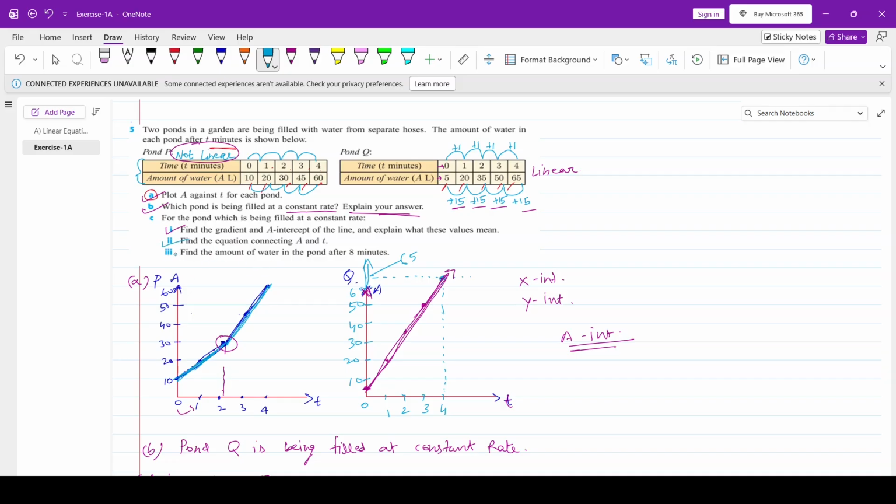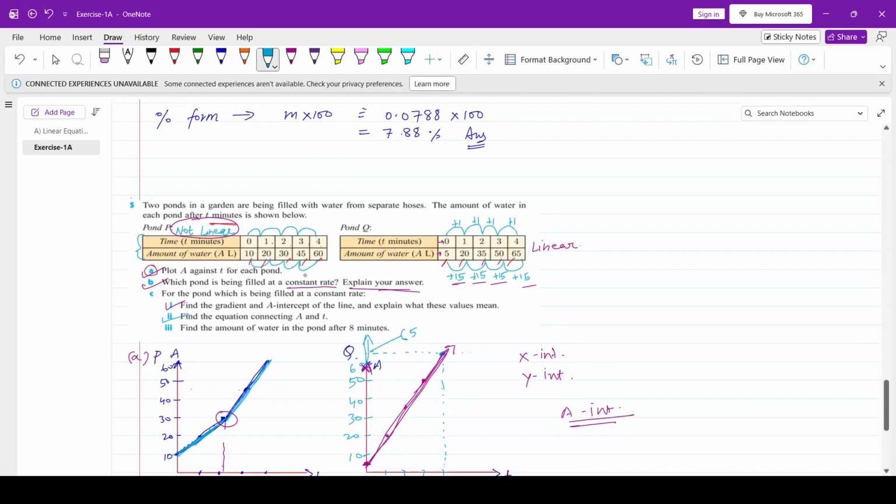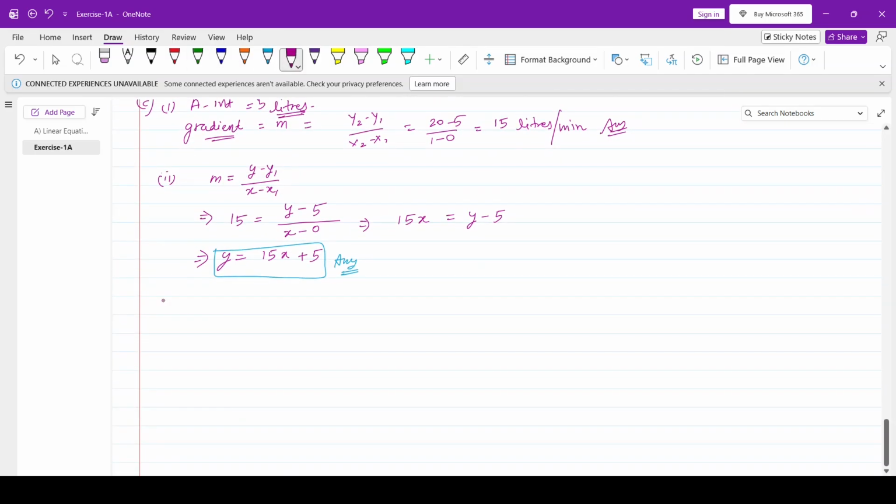Now subpart 3 says find the amount of water in the pond after 8 minutes. So after 8 minutes, that means t is equal to 8. What will be the value of y? Here I have ignored x and y, so here x means t, y means A. So when we say t is equal to 8, in this equation we mean x is equal to 8.